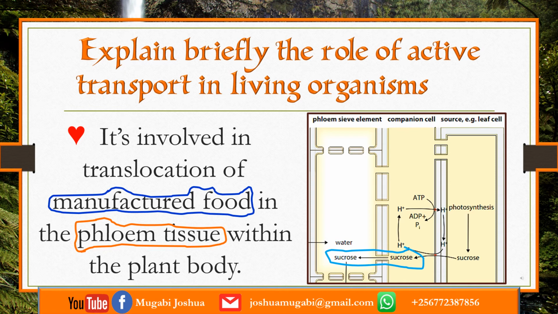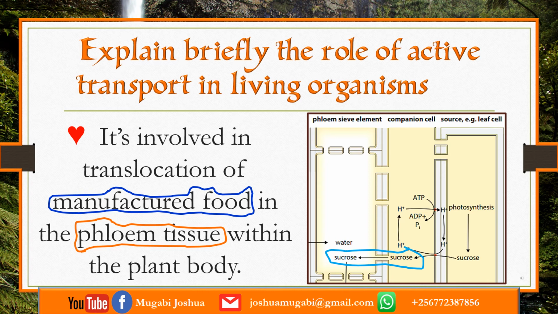Now, when it enters into the phloem sieve tube, its concentration is also going to increase. And as its concentration is increasing, it is going to absorb water from the neighboring cells or tissue.